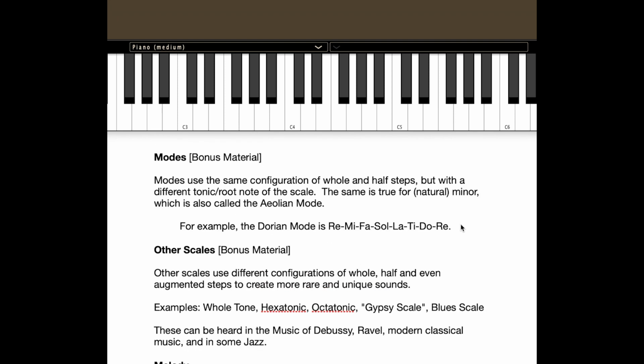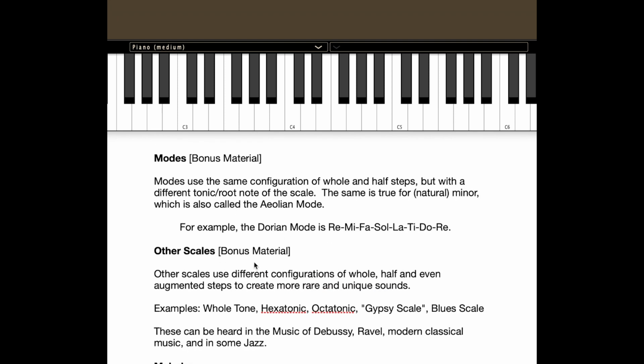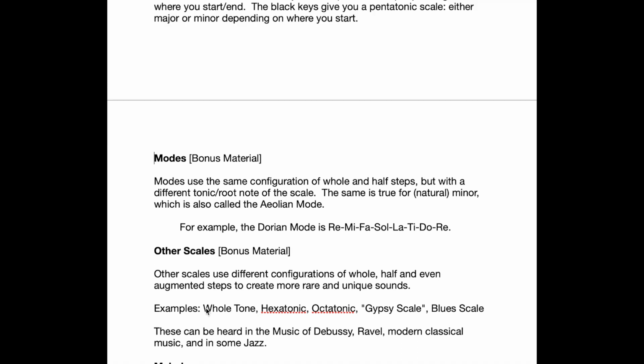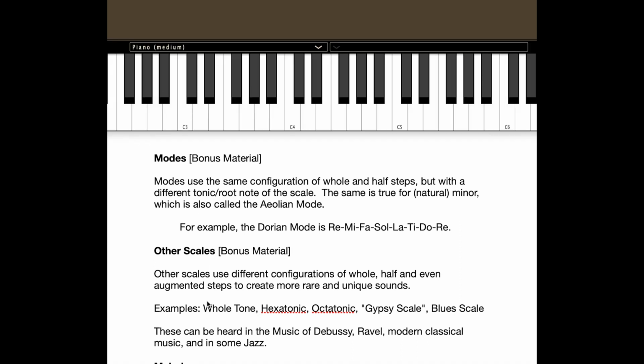And then the last counter examples to our normal scales would be other types of scales that do different things. So we said that most scales involve 7 notes, but some of these other scales involve less or more. So one of them is called the whole tone scale. That's where we use all whole steps and no half steps.